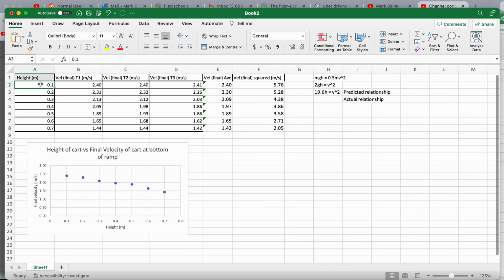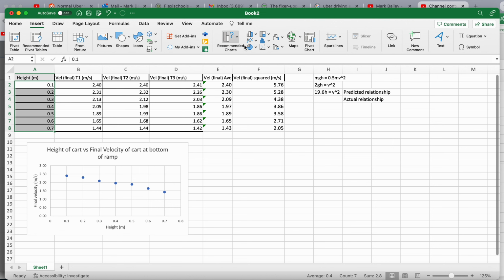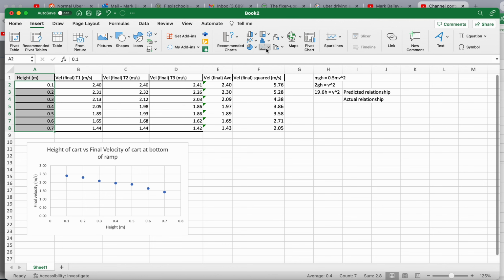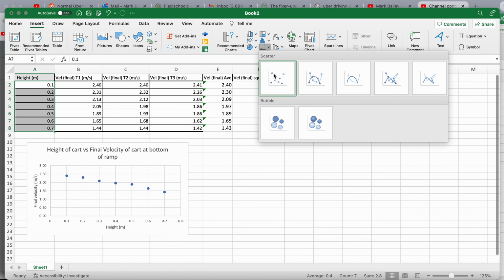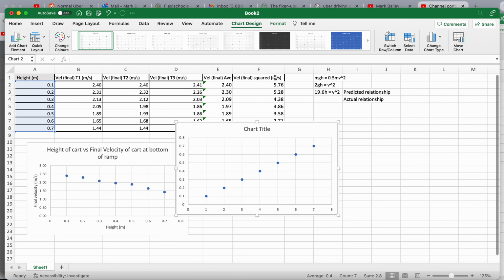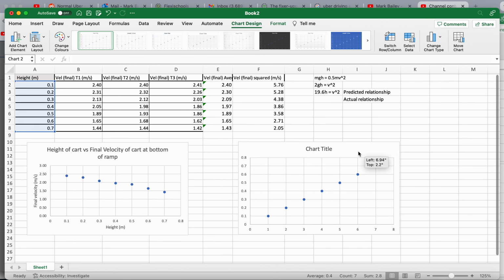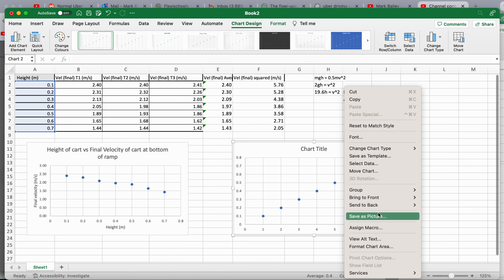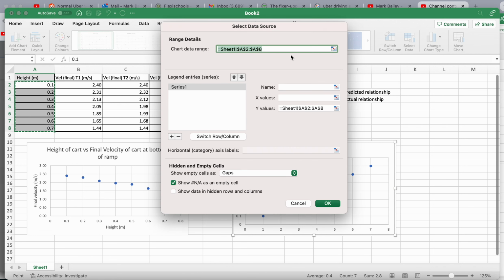Again, just hold down Shift and highlight that. Then you're going to go Insert. Again, we're just going to do a scatter. Now right mouse click and then Select Data.